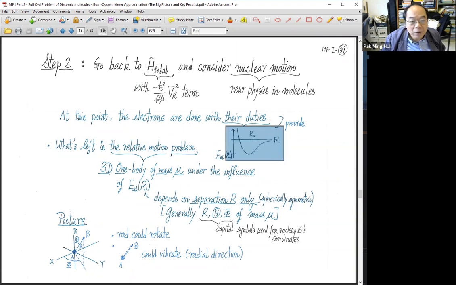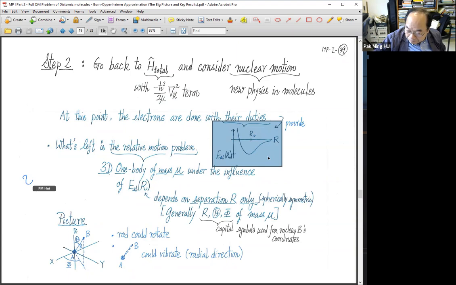So it is kinetic energy plus potential energy times the nuclear wave function equals the nuclear part eigenvalue times the wave function. Okay, so now let's see what happened next.